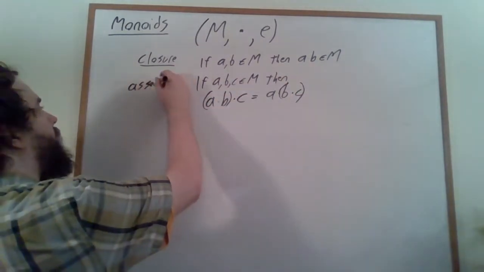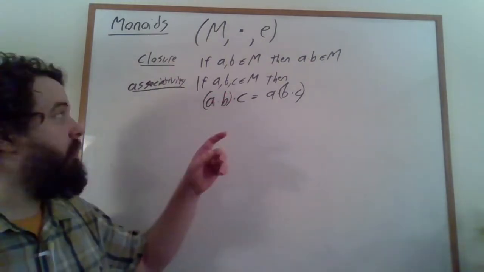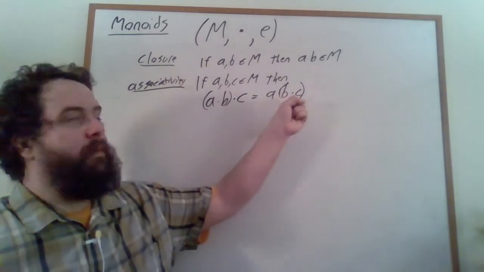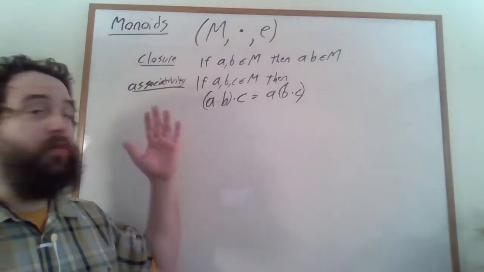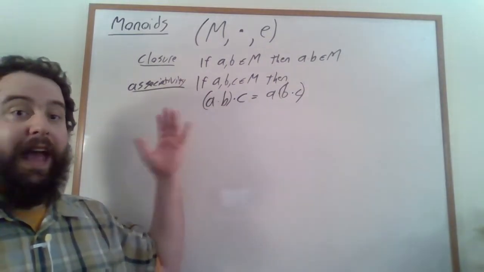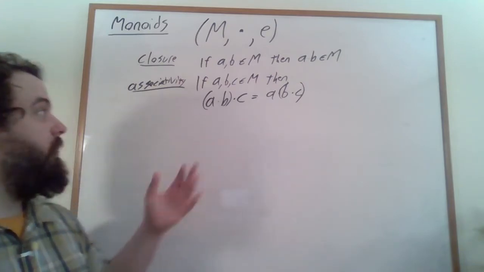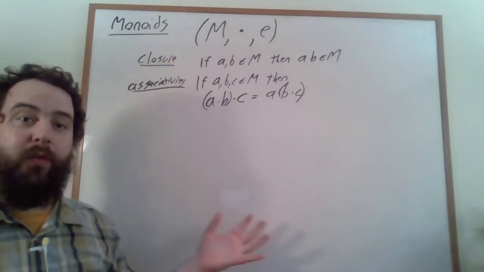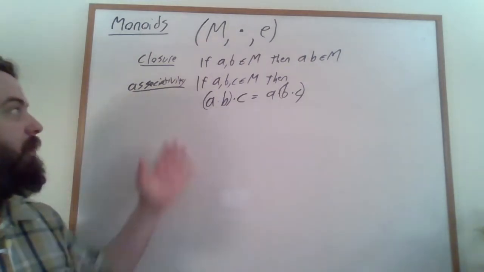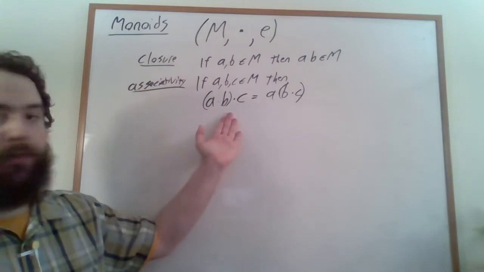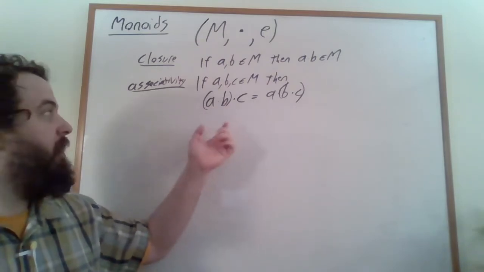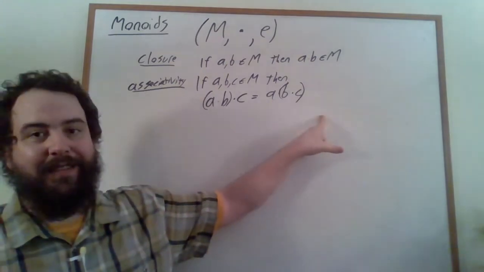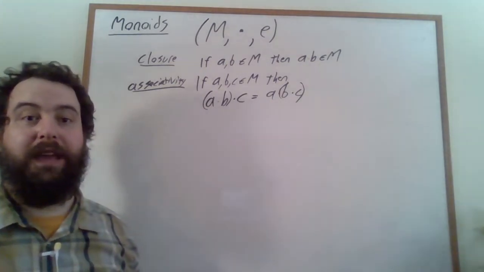And we also have associativity. So if we have three elements of our structure, then (A dot B) dot C is equal to A dot (B dot C). And this is a really important property of any sort of algebraic structure, because if you don't have this property, then whenever you want to write down a formula, whenever you want to write down an algebraic expression involving these variables, you have to put parentheses to indicate whether you mean this or this, if they're not necessarily going to be equal to each other.